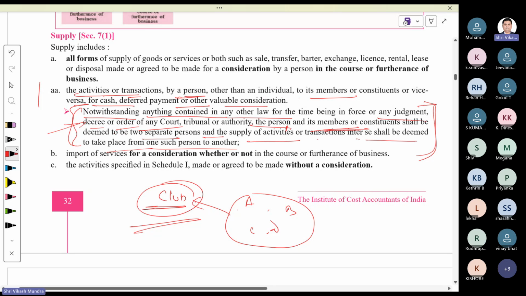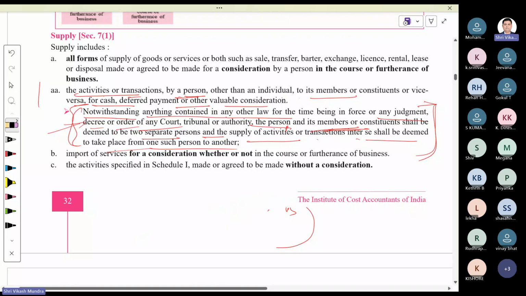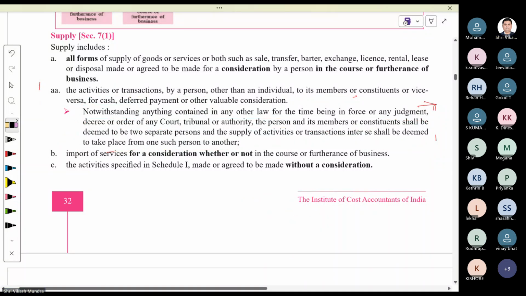And hence, it would constitute supply if other conditions are fulfilled. Is it clear? Next exception. This is the first exception to our rule.